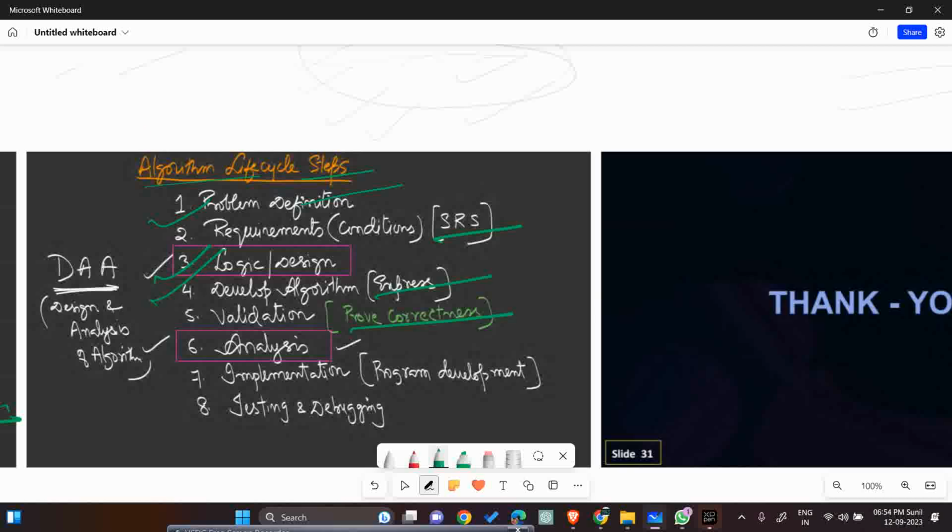Validation, prove correctness. Analysis of the algorithm. We will see this, an important part. Project design, and this is an important part. Implementation, program development, and testing and debugging. This is a life cycle of design and analysis of algorithms. SRS is the requirements and conditions.